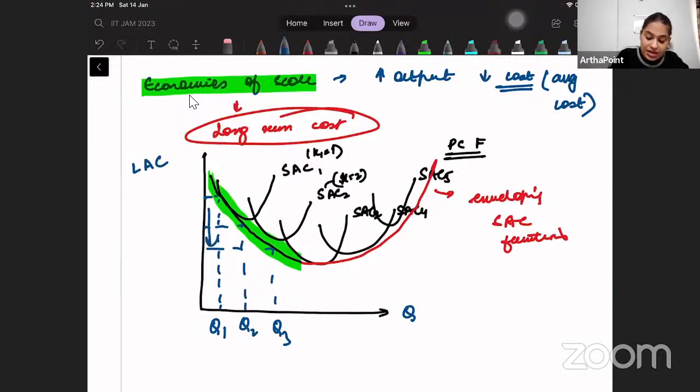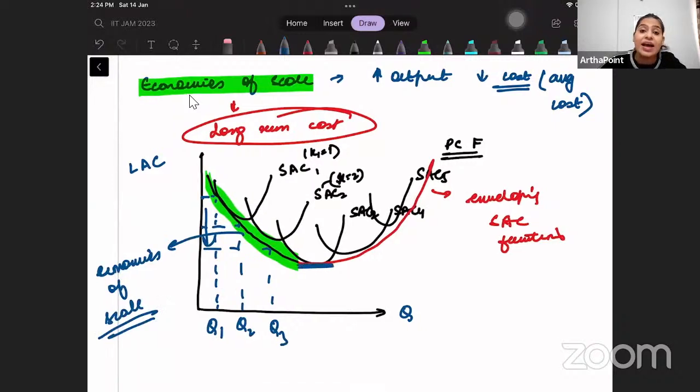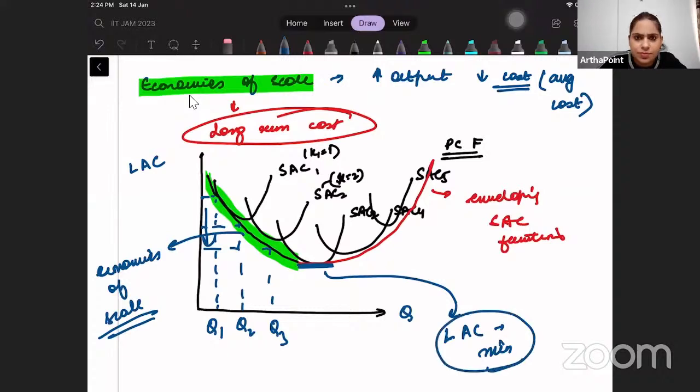That means here I have economies of scale. At this point, my LAC is minimum. This is where I will actually operate for my profit maximization. This is what we want to minimize. So this is where we have constant returns to scale.